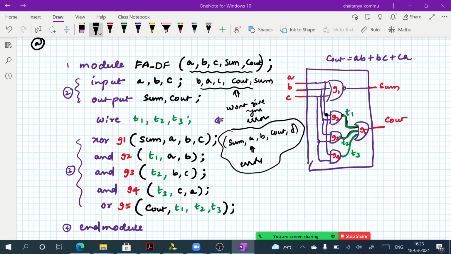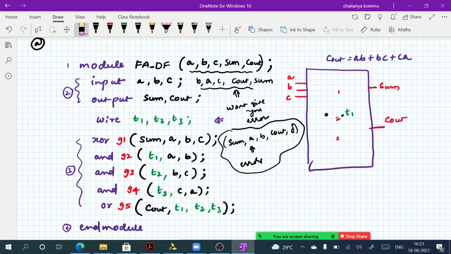That equation is sufficient. So what does it mean? We need not worry about the internal circuitry of this one. Instead of writing the gate level circuit, we can write the equation directly.